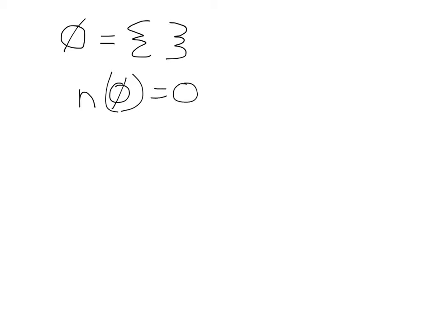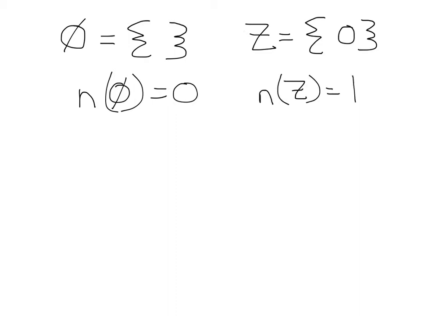Now if I have the set containing 0, let me call that Z. That's not standard notation, but let's just call it Z for right now. So the cardinality of Z is 1. Okay? So the set containing nothing is very much different than the set containing 0.